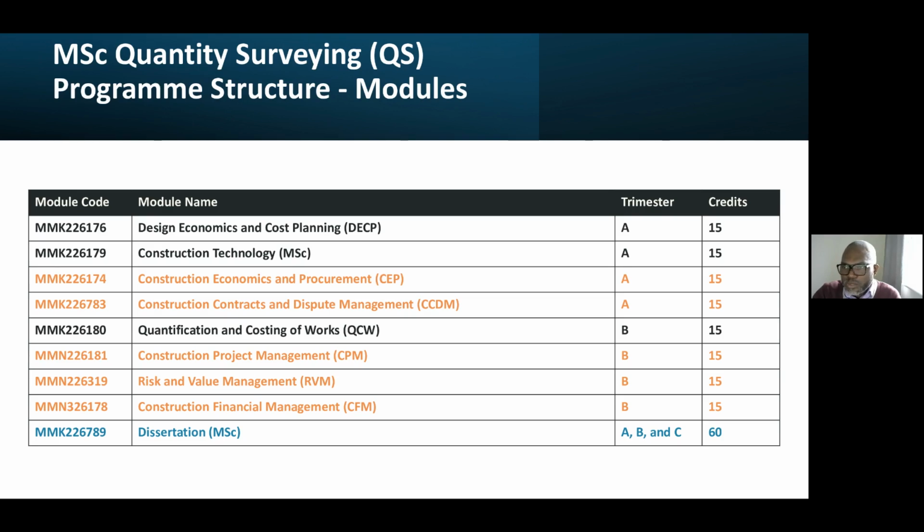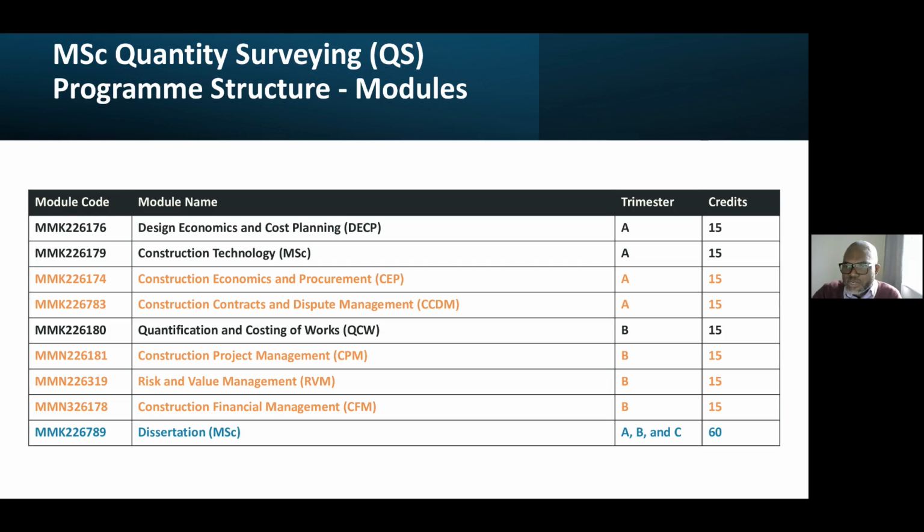The same pattern like I've explained before, 60 credit units in a trimester if you're full-time. And I will explain the difference between a full-time, like I said earlier on, undertaking 4 taught modules and a part-time or distance learning undertaking 2 taught modules in the next couple of slides.